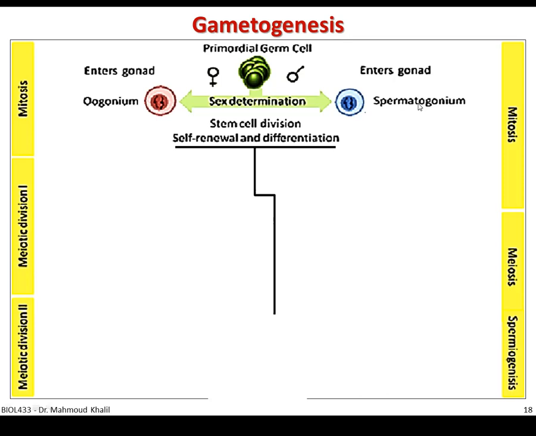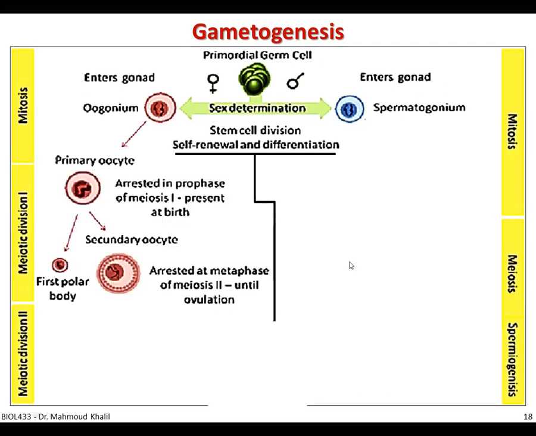For the oogonium, it begins with meiotic division one, where the oogonium is differentiated into a primary oocyte, which is arrested in the prophase of meiosis 1, and it is present at birth of the female. Soon after that, it is divided unequally to form the first polar body and the secondary oocyte.